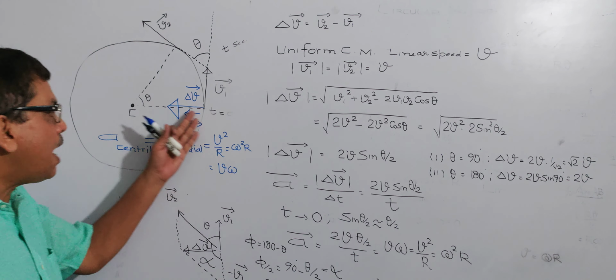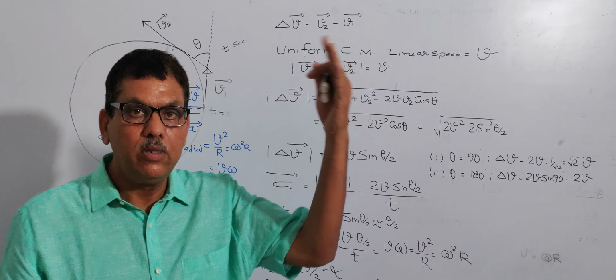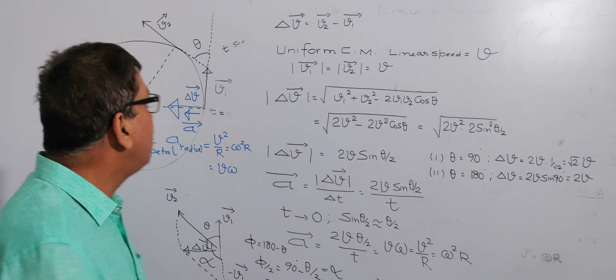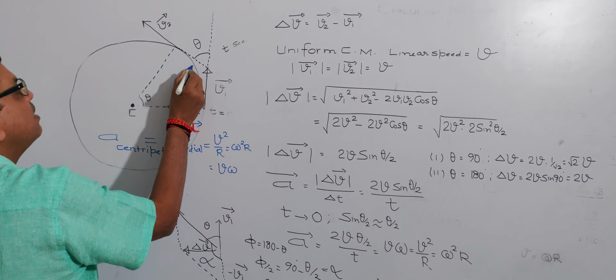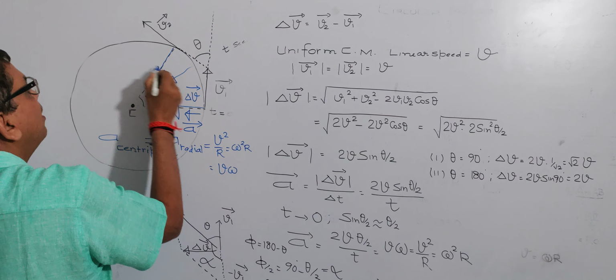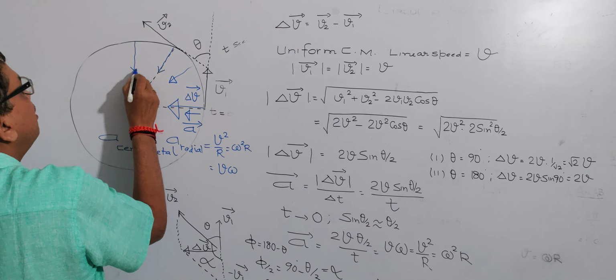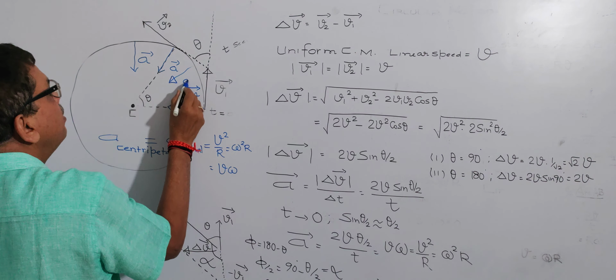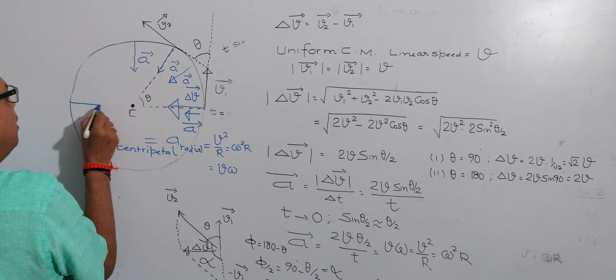When the object is moving with constant speed on the circular path, we find that everywhere it is accelerated towards the center. This is the direction of the acceleration vector whenever it is moving with constant speed. So it is always pointing towards the center.